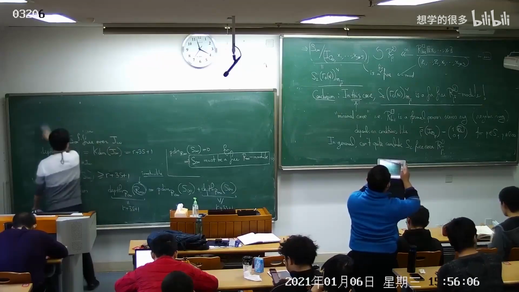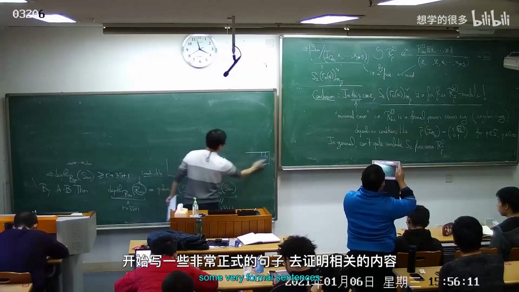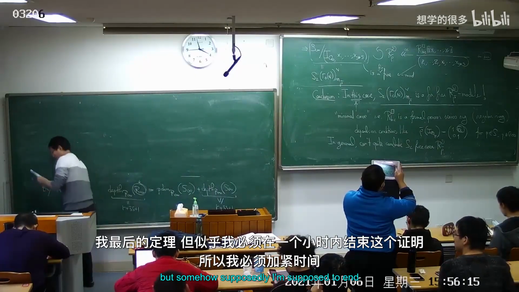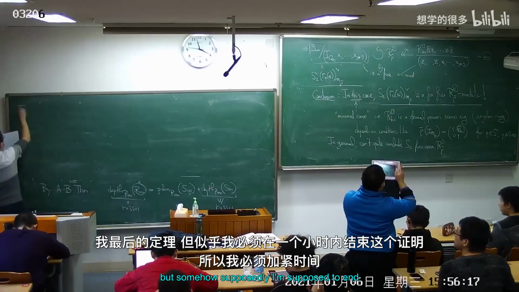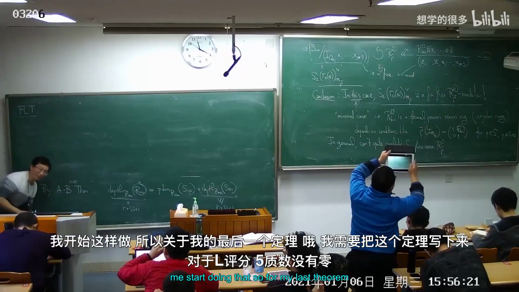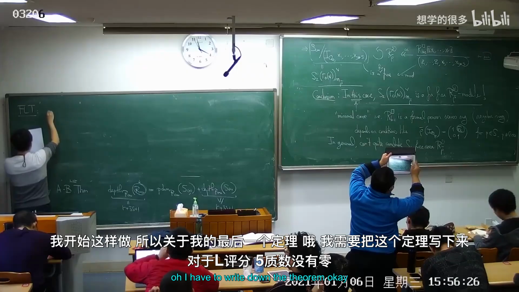Since I have a couple of minutes, let's start writing down some very formal sentences going towards proving Fermat's Last Theorem. Supposedly I'm supposed to end the proof in an hour, so let me start doing that. So Fermat's Last Theorem, I have to write down the theorem.